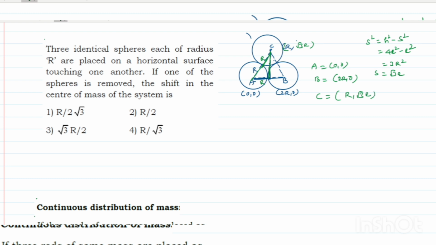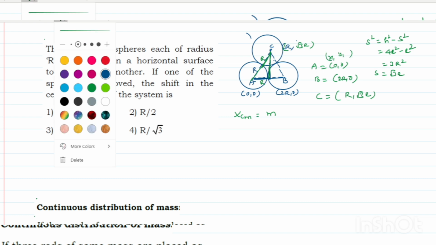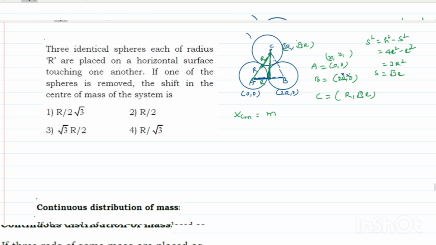Now if one mass is removed, first let us calculate before removing the XCM value. XCM, the center of mass along the x-axis, uses m into the x coordinates, x1, y1, x2, y2, x3, y3.